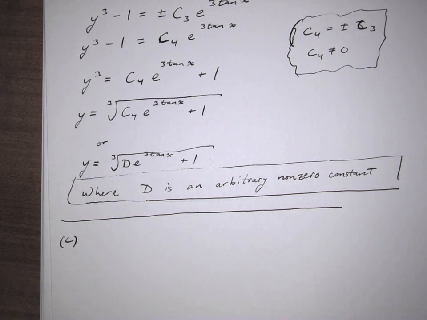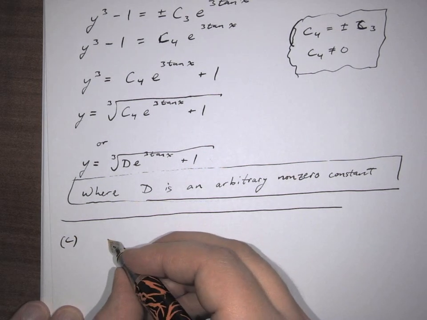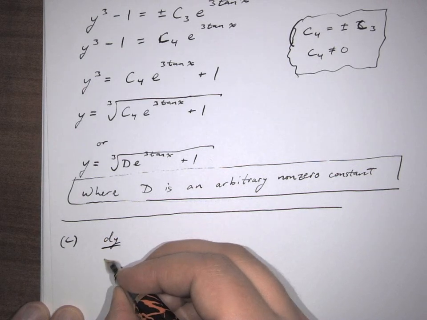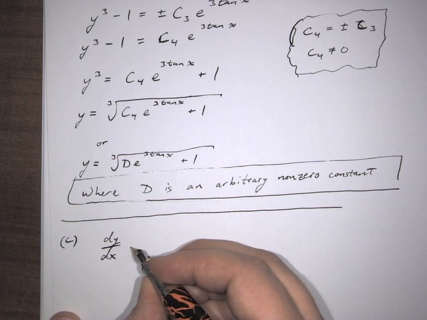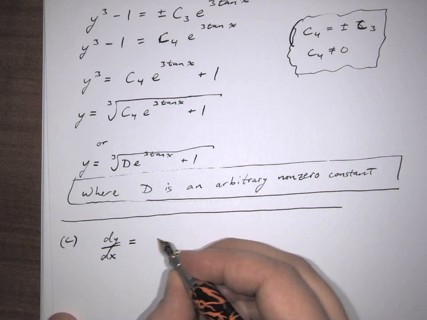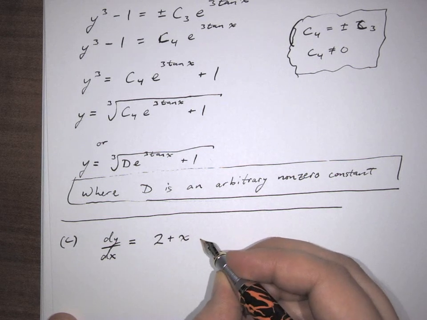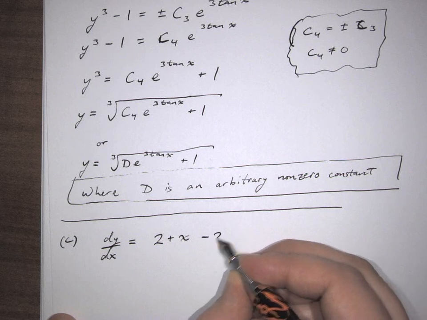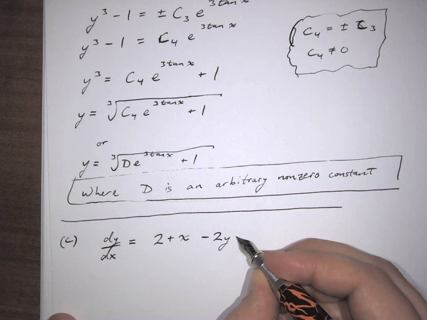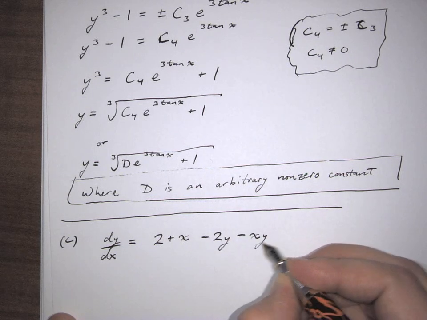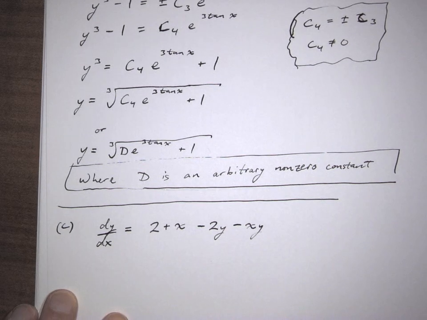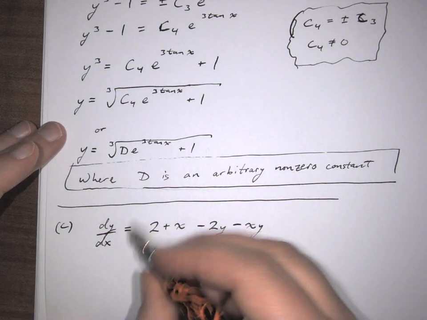Example C, where what we're going to have is dy/dx is equal to 2 plus x minus 2y minus xy. Now, as written, this does not have the look of a separable differential equation because it is not written as factors.